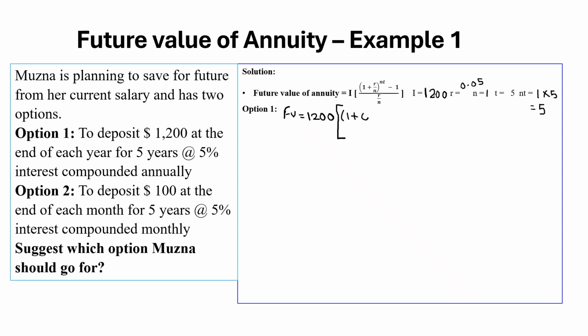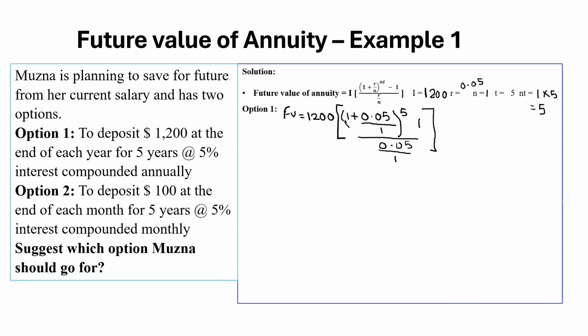Rate of interest is 0.05 divided by N. N is 1, bracket close, power of NT, my NT is 5, minus 1, bracket close. Again this is divided by R by N.